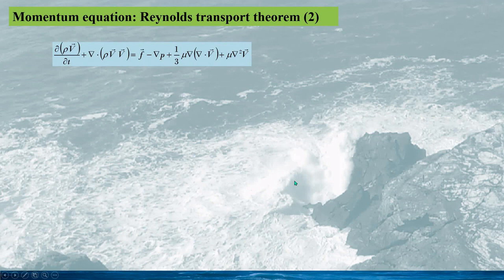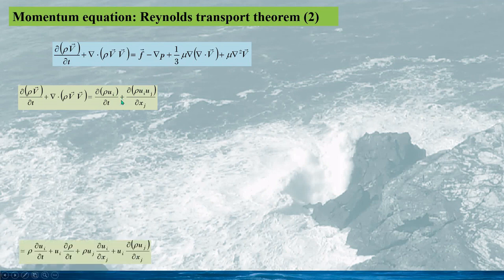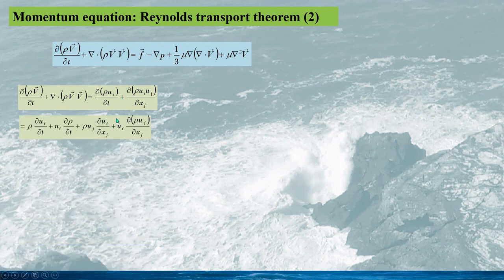Now, we can make some more mathematical manipulations on the moment equation from the Reynolds transport theorem. The vector form of the left-hand side can be written in Einstein's summation as this, and using the rules of calculus, you can write the terms as this.